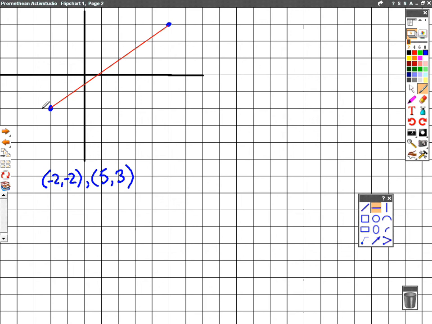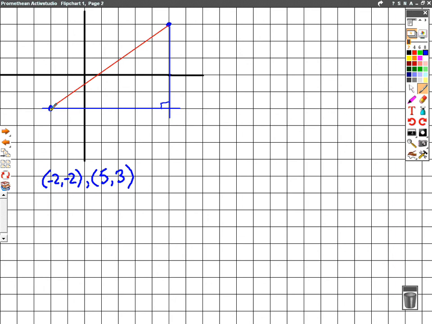Now, how's that going to work? If I draw a horizontal line that shoots across like that, and then I bring a vertical line coming from this line, where they intersect right there, that's going to create the right angle for me, okay? Now all I have to do is count the spaces on the graph and create my right triangle.